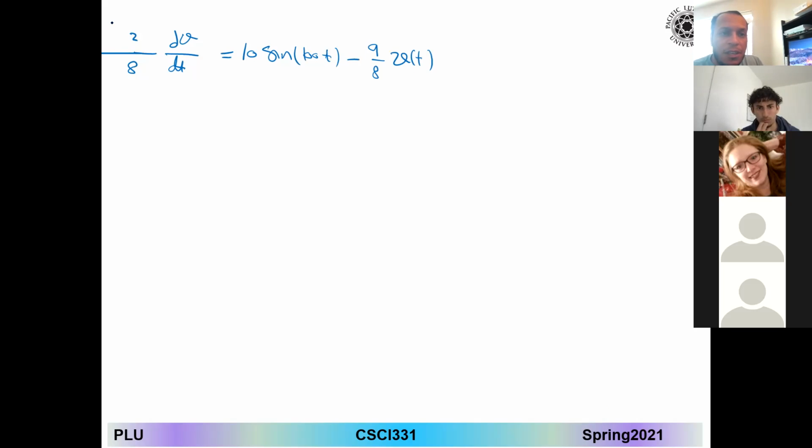So what I formulated here is a differential equation.